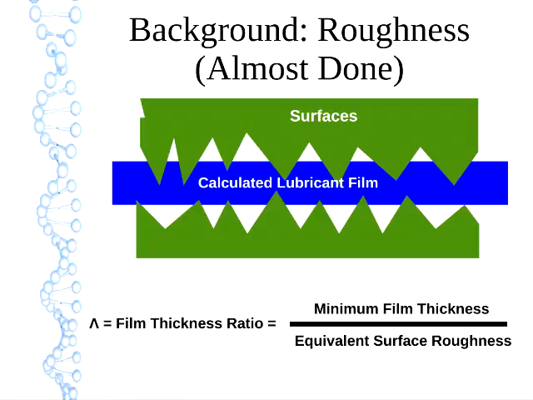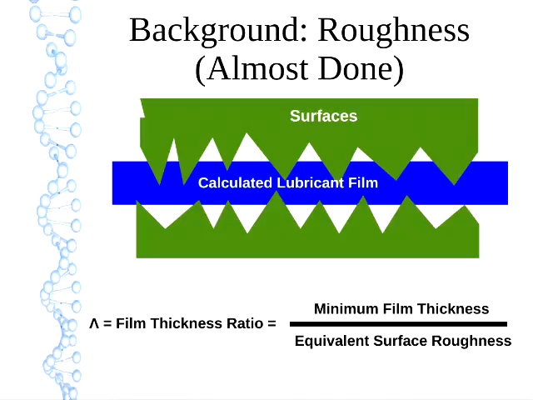So what we use to take this into account is a film thickness ratio. This is often signified by the Greek letter lambda, and it equals the minimum film thickness divided by the equivalent surface roughness. The equivalent surface roughness comes when you convert the roughness of both contacting surfaces into an equivalent single surface.